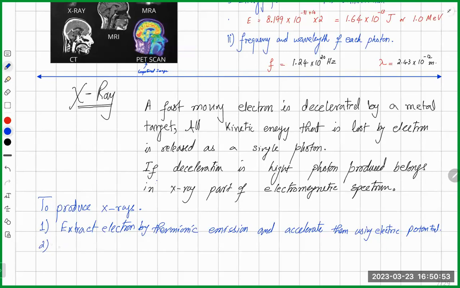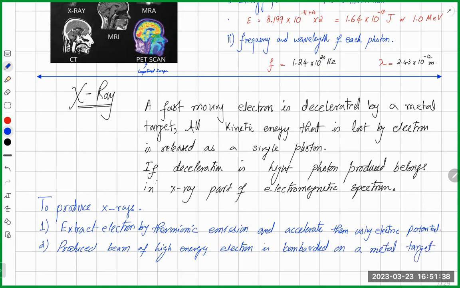Number two, the produced beam of high energy electrons is bombarded on a metal target.